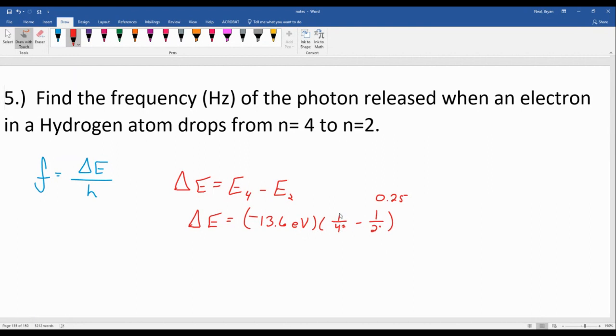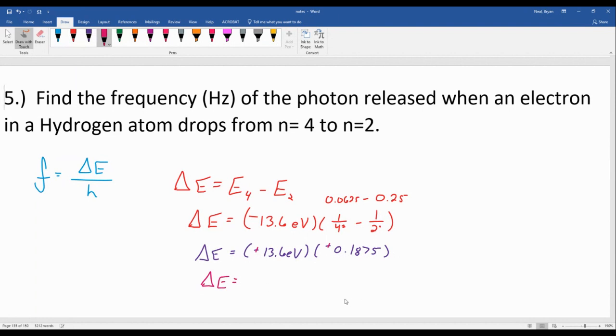And then 1 over 4 squared is 1/16, which is 0.0625. And then we're trying to subtract those. So the negative 13.6 electron volts end up being multiplied by negative 0.1875. So we see again, hopefully negatives will cancel.